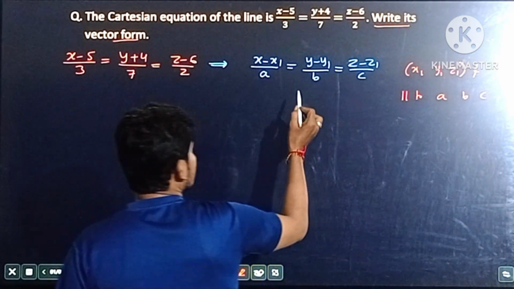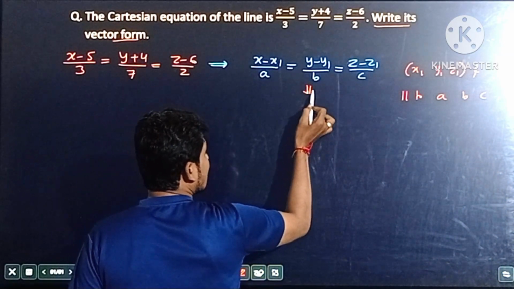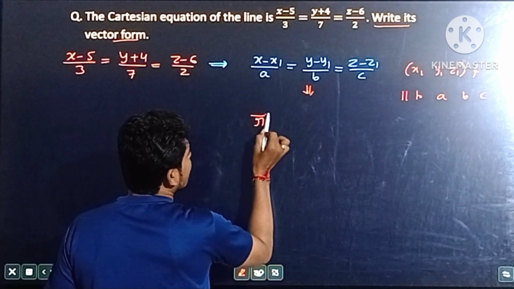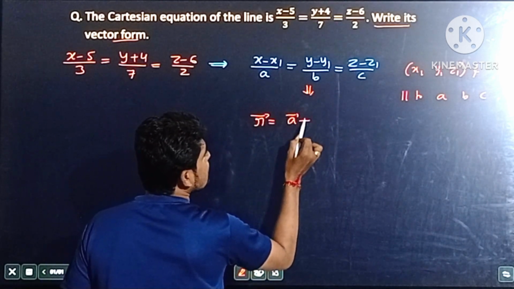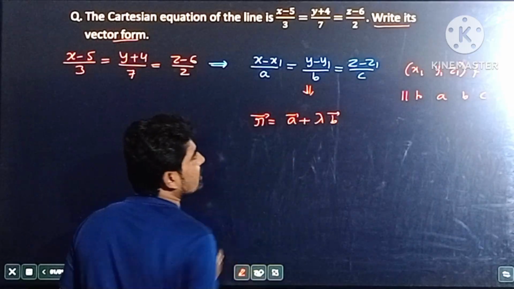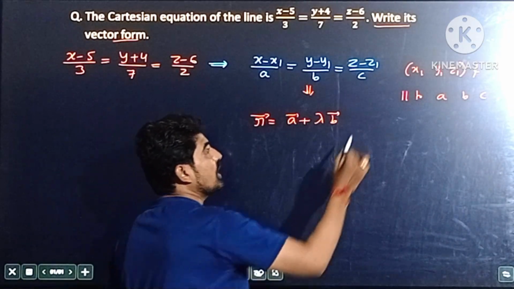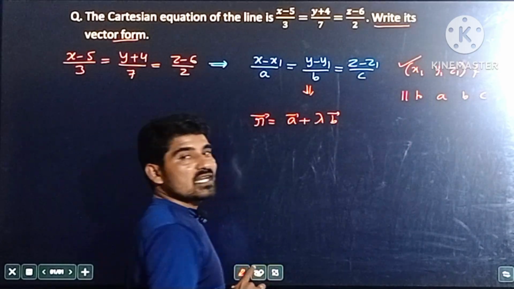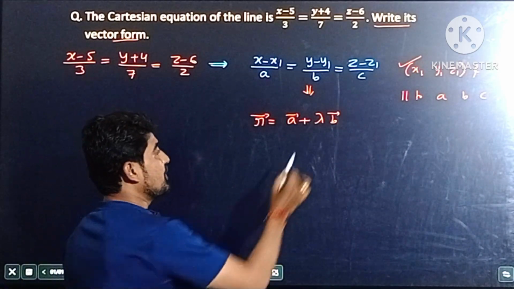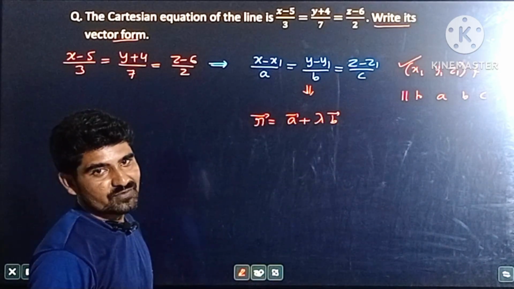The corresponding vector equation of this line is r vector equals a vector plus lambda times b vector, where a vector is the position vector of the point through which the required line is passing and b vector is a parallel vector or direction vector.